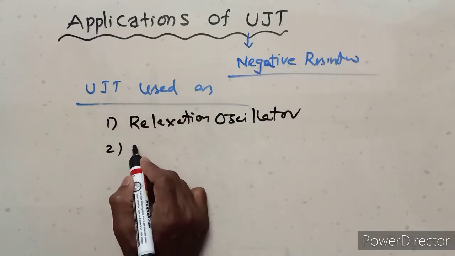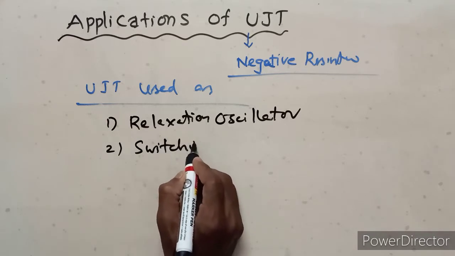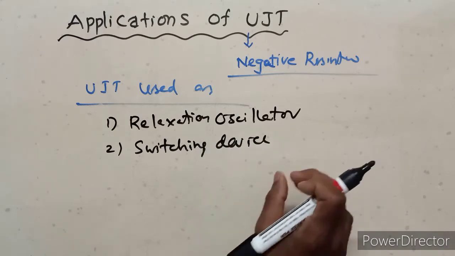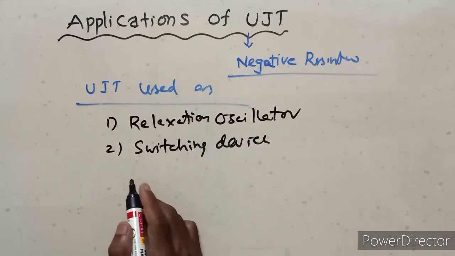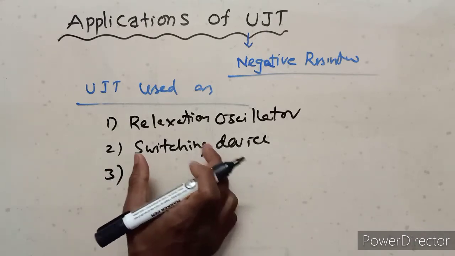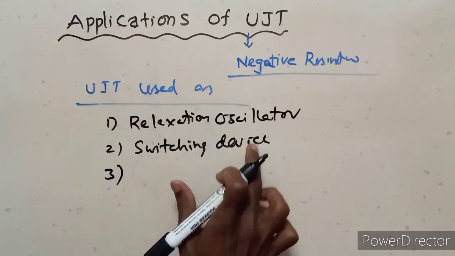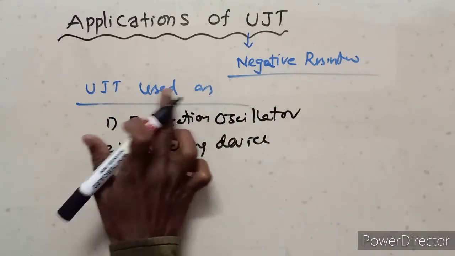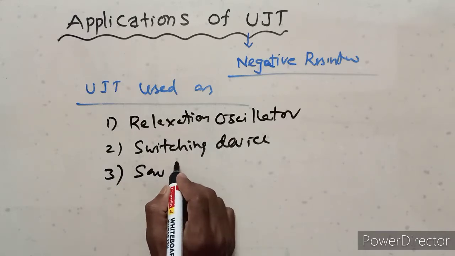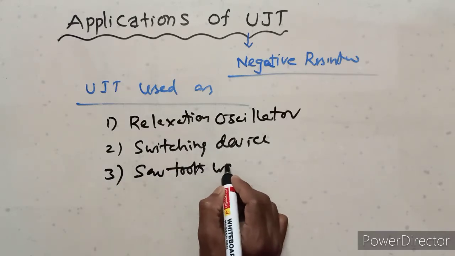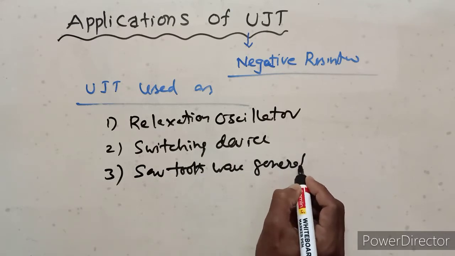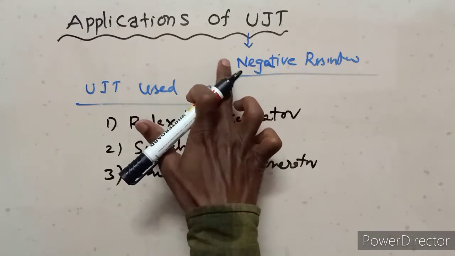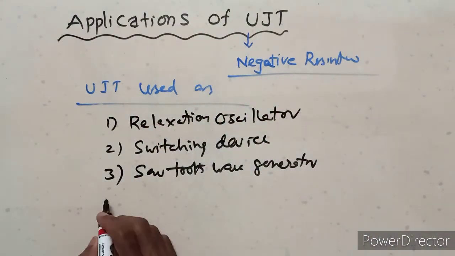The UJT is used as a switching device. Switching device means switch off and on. Third, the UJT is used as a switching device because of its negative resistance characteristic. Next, the UJT is used as a sawtooth wave generator, because of its negative resistance characteristic.